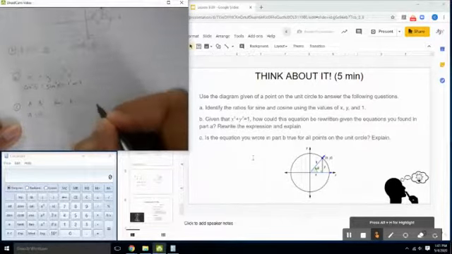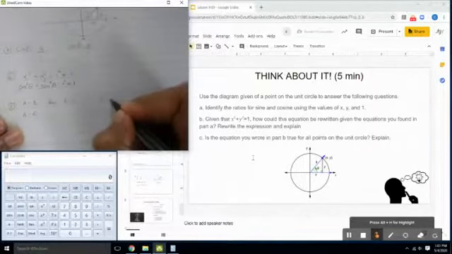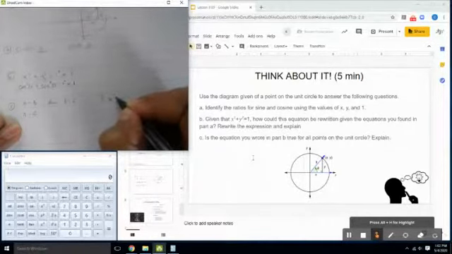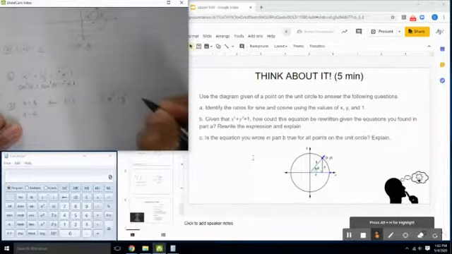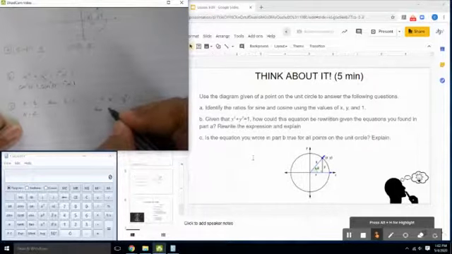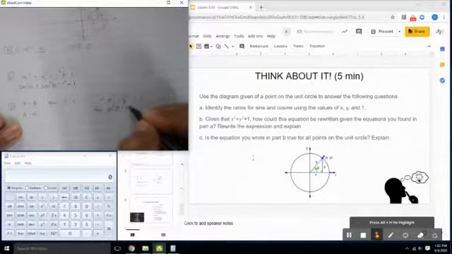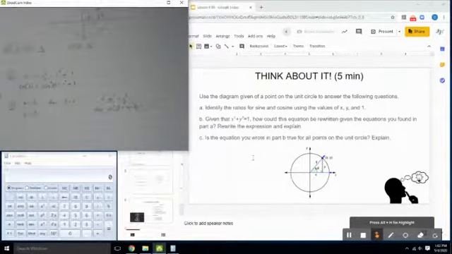That's the logic. Therefore, if x squared plus y squared equals 1 is true, then cosine squared theta plus sine squared theta equals 1 must also be true.